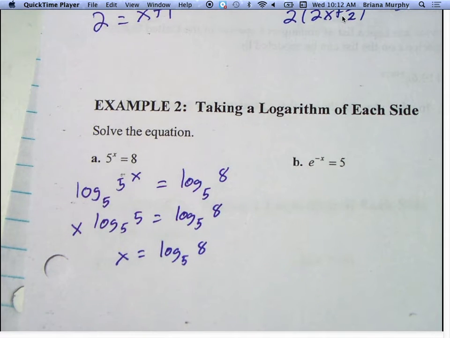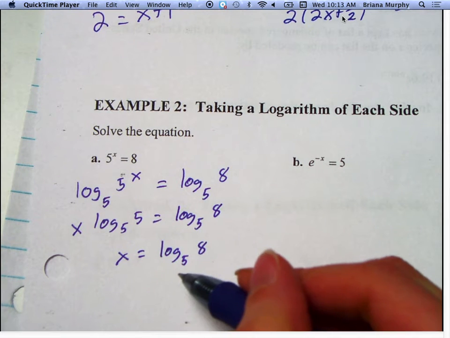Now, our calculators will probably be in test mode when we take our test or our exam or on an SAT. So we have to use the change of base formula when we use this. Yes, ma'am? It'd still be 1, yeah. Now, when I say it's in test mode, that means it will only do log base 10. It won't do anything else.